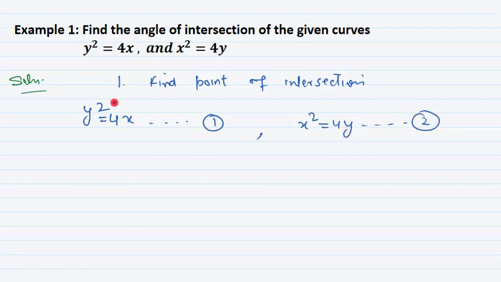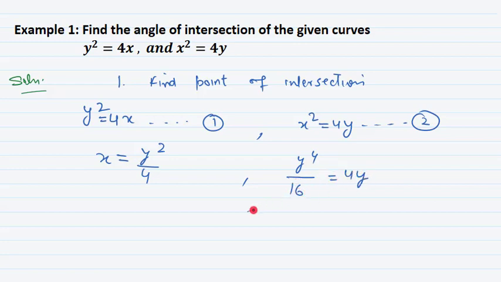Now solving from here, x is equal to y square upon 4, and substituting this value over here, we get y power 4 upon 16 is equal to 4y.